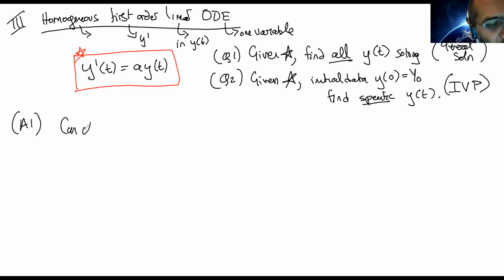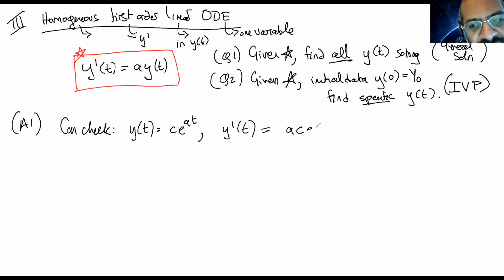You can check if you take y of t equal to any multiple of an exponential with the same a in the exponent, that's important, then y prime of t is equal to a c e to the at, which is a y of t. That's a solution. Actually, these are all solutions.